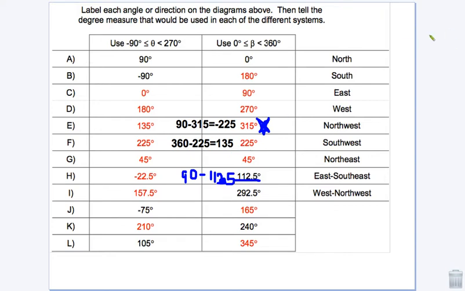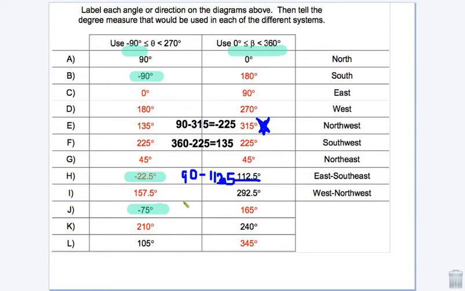All right, so one other thing I want to point out, notice that the domain for your bearings, your angle, has to be between 0 and 360 degrees. So we never have a negative bearing. Okay, we can have a negative rotation angle. In fact, we have a negative one there, negative one there, negative one there. We're comfortable with negative rotation angles.